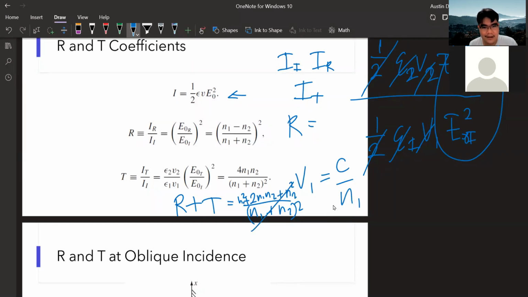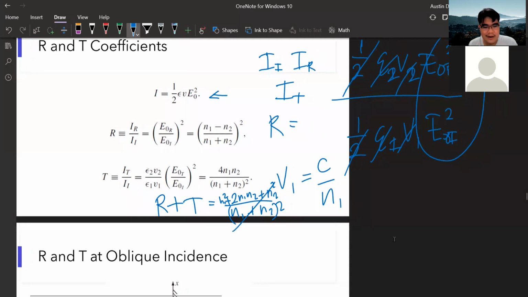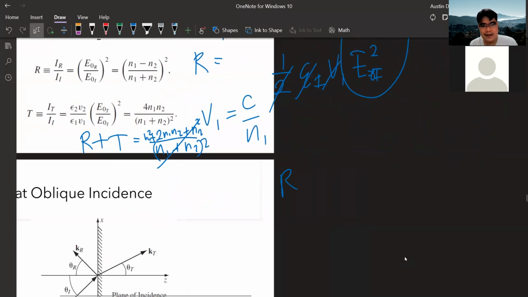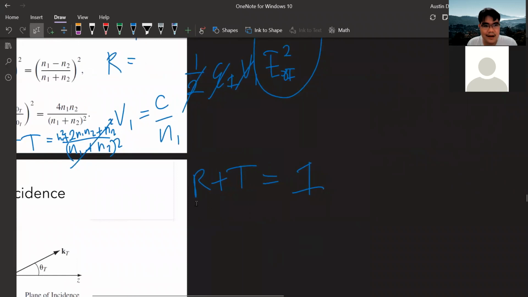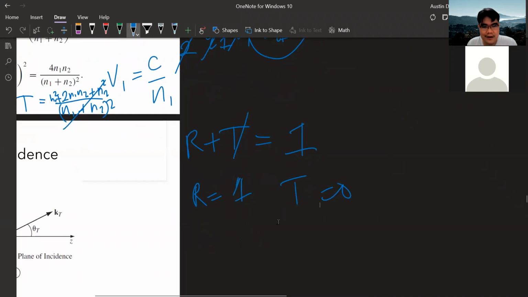This whole thing cancels out. Kasi magiging N1 plus N2 squared yung numerator. And it's amazing, di ba, na this is 1. That makes sense. Na walang nagli-leak out somewhere. So kung wala kang transmitted, lahat ng reflected mo is 1. Di ba? So yung T mo magiging 0. So wala kang transmitted, then therefore, lahat ng matitira na lang would be reflected.